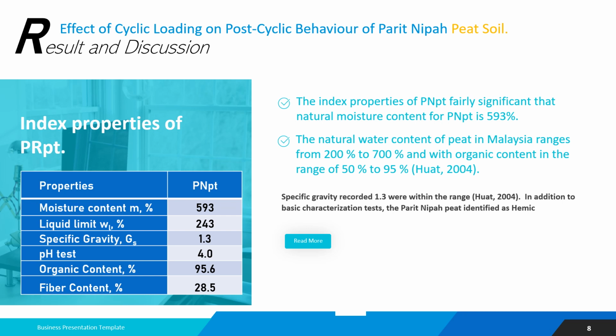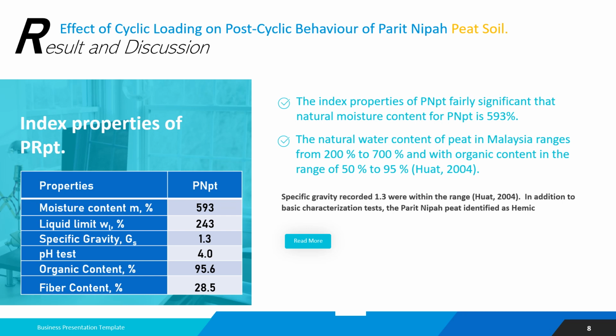The index properties of Parit Nipah peat soil are very significant. The natural moisture content for Parit Nipah is around 593%, and the natural water content of peat in Malaysia ranges from 200% to 700%, with organic content in the range of 50% to 95% according to Huat 2004.